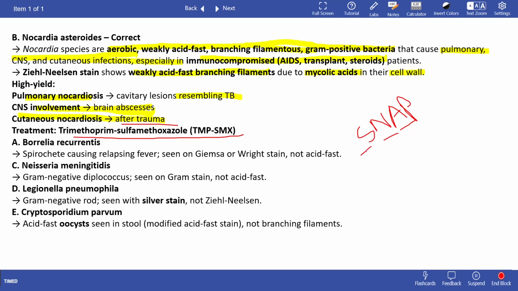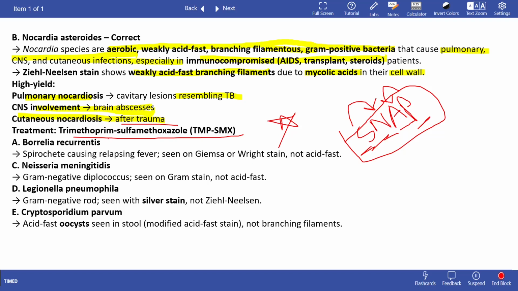So TMP-SMX is used to treat Nocardia, and the P, which is penicillin, is used to treat Actinomyces. So you can remember the mnemonic SNAP to help you remember the association. And this is important. You have to remember all of this description and the medication that is used to treat this. It also comes in Step 1.